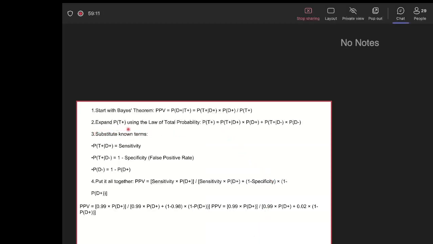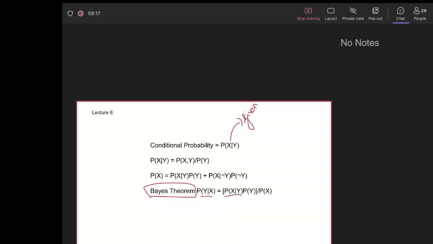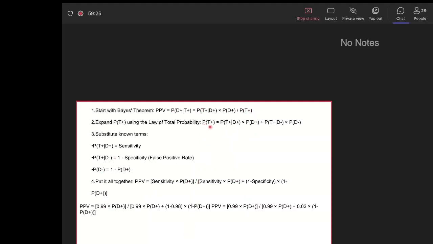This probability of T plus can be expanded using this formula. The probability of getting a true positive has two cases. Either we get the true positive when the patient is positive for the disease, so this is the first term, or we get a true positive even if the person is negative for the disease, so this is the second term.